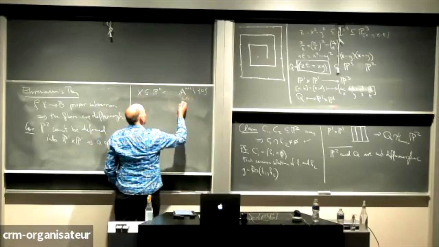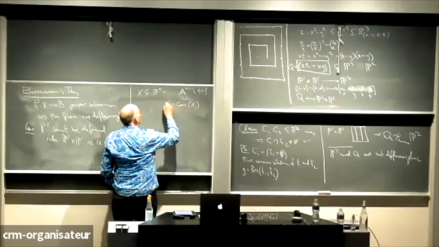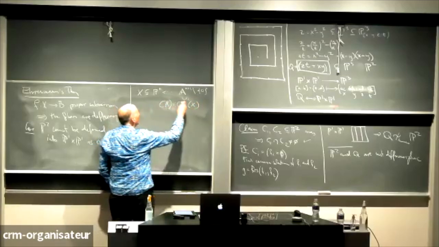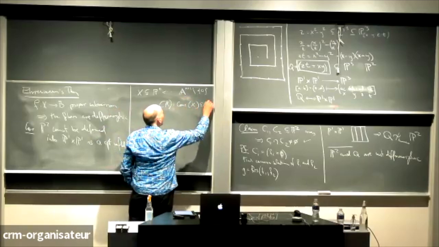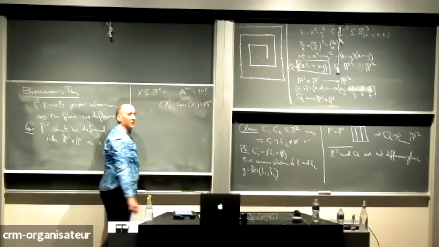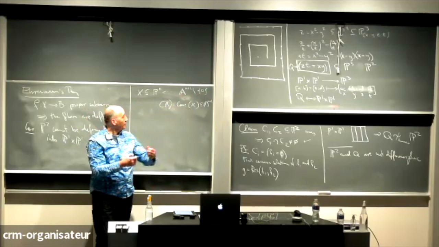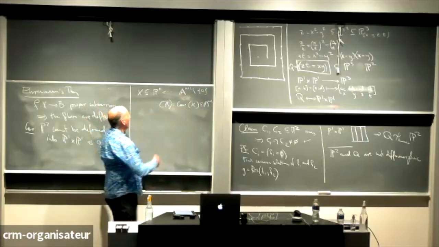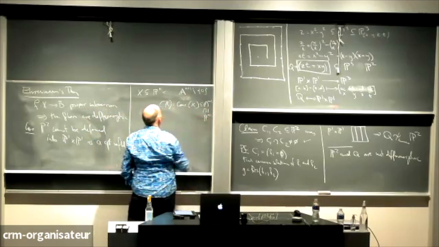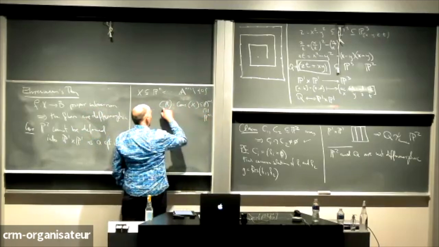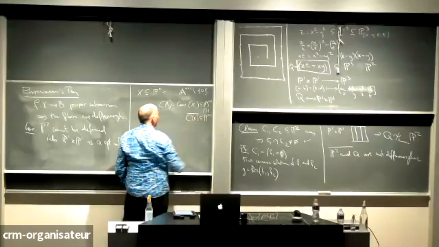So there's something that we call the cone of X, or simply CX. I would like to think of this as living in A^(n+1) and stick that 0 into it, because that 0 will be in the closure. In fact, I would like to embed this into one larger projective space and take the closure of this cone there. So I would like to look at the projective cone here.